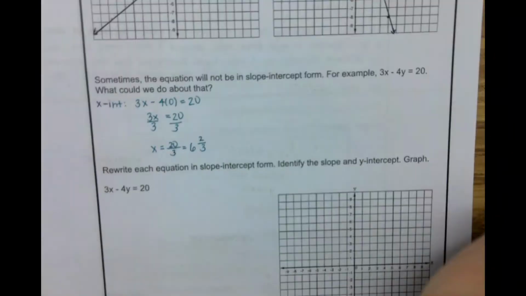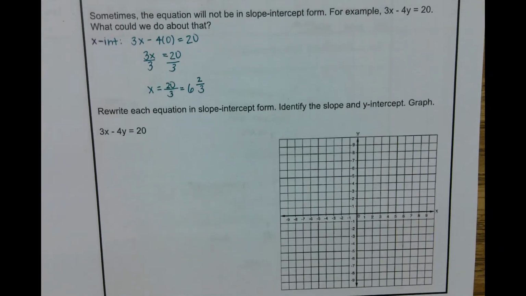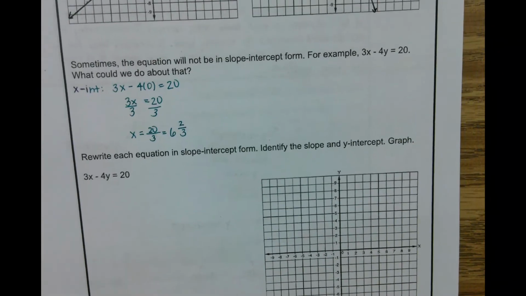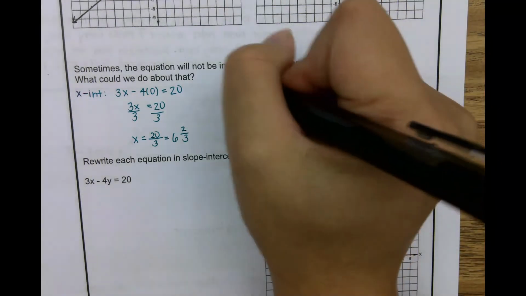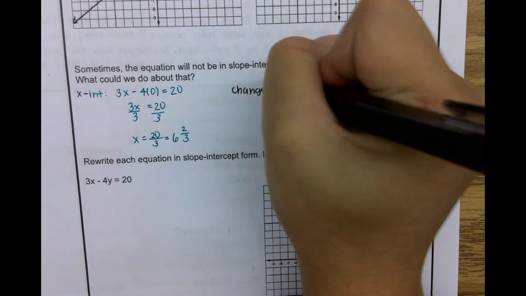Even though this is accurate, this is the x-intercept, when I'm graphing it, it doesn't give me the most accurate line because of the graph on the paper. So as a result, when this is the case, instead of graphing it using intercepts, I'm going to change it to slope-intercept form.